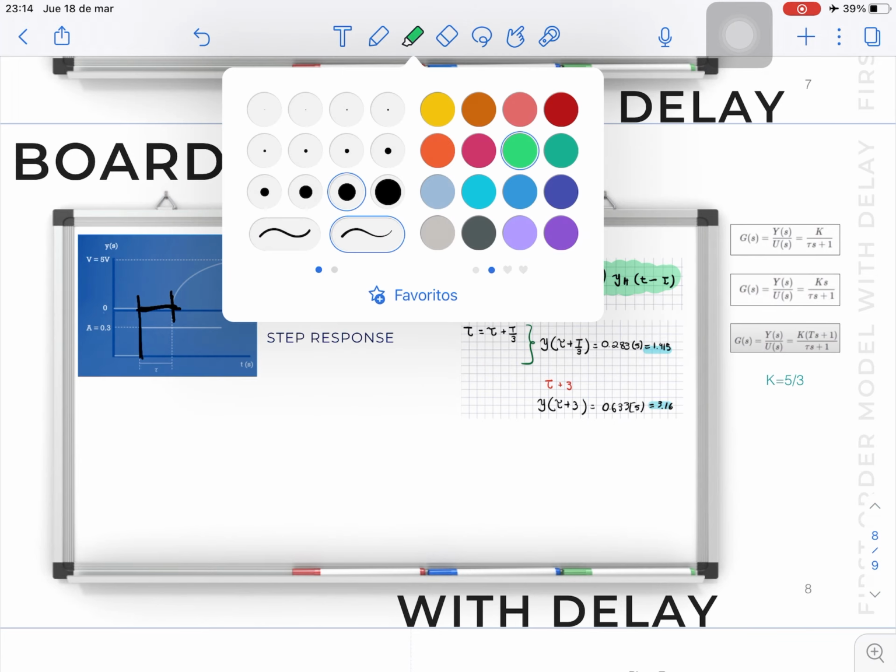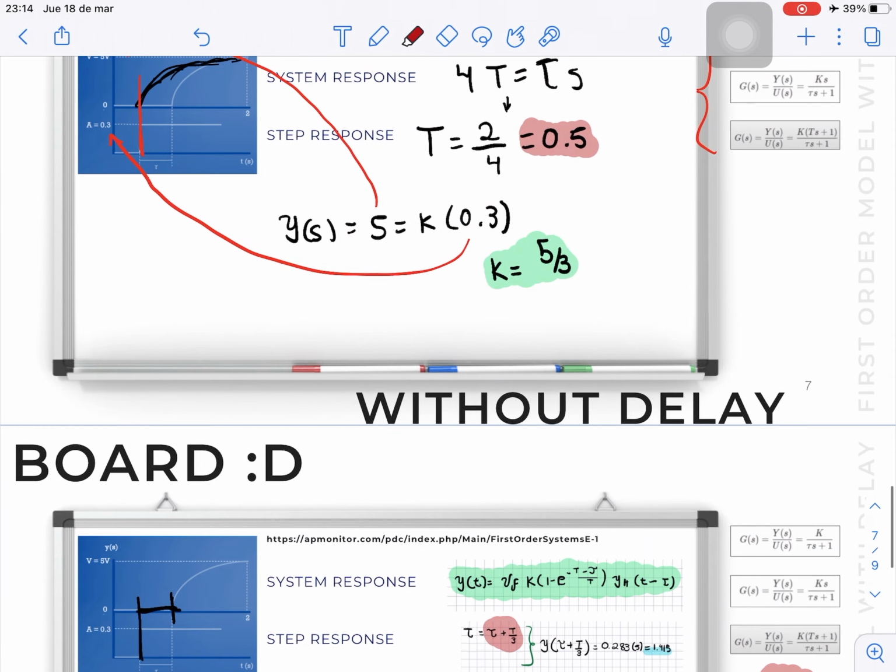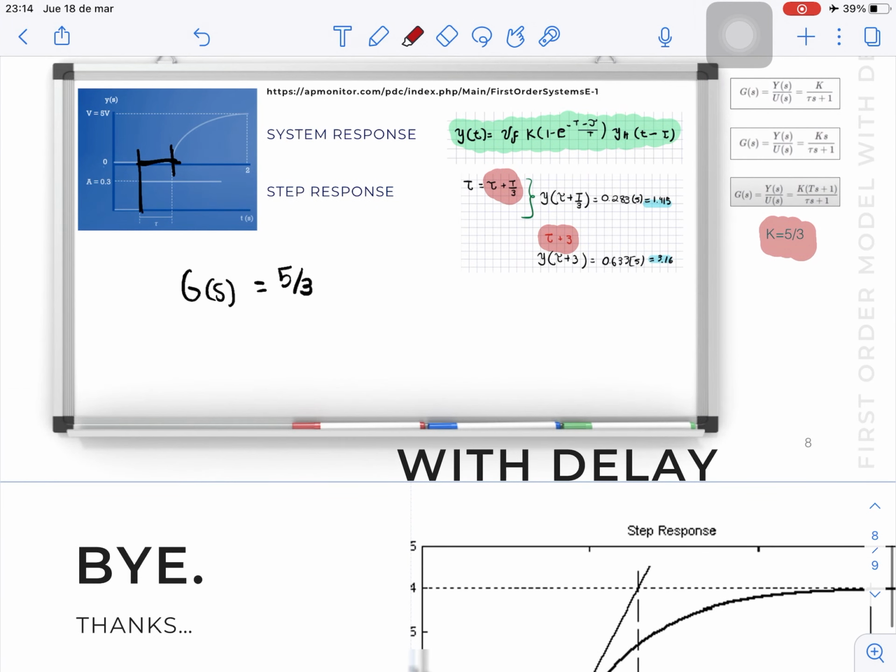So we have to get both cases in which we have our tau plus the time over 3, the period over 3, and the time plus tau plus 3, which we assume is the delay time. Obtaining this, we know that the transfer function will now be equal to our 5/3, that is our last k that we obtained in the slide before.